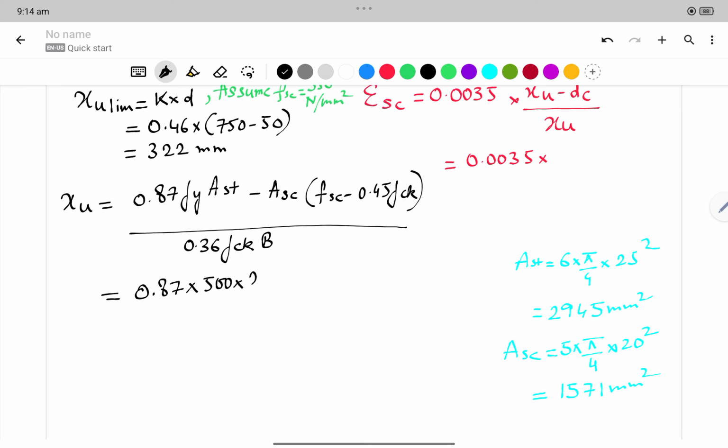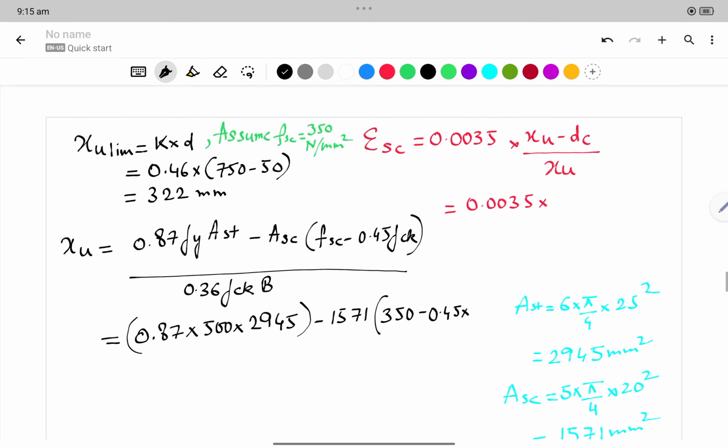So we will put it here, 2945 minus ASC is coming as 1571. Okay, FSC we have assumed it as 350. Okay, 0.45 into FCK.